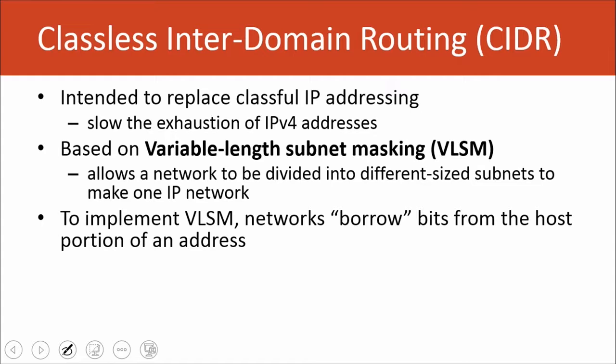So if you have 32 bits, like if we looked at a Class A address, with 8 bits for the network portion and the other 24 bits for the host portion, that Class A network could borrow bits from the host portion in order to create subnetworks. Pretty cool stuff. We're not going to go too far in depth right now, in fact not much further than this with VLSM, but I would definitely take a look at this online. Go ahead and do a quick Bing search to learn a little bit more about subnetting.